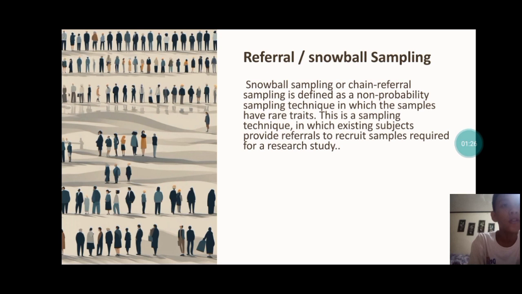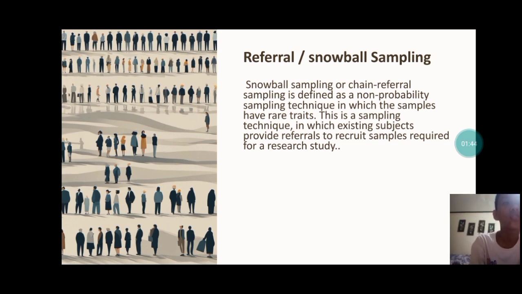Referral and snowball sampling. Snowball sampling or chain referral sampling is defined as a non-probability sampling technique in which the samples have rare traits. This is a sampling technique in which existing subjects provide referrals to recruit samples required for a research study.